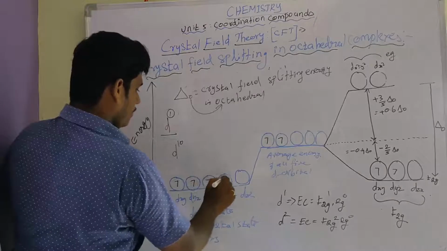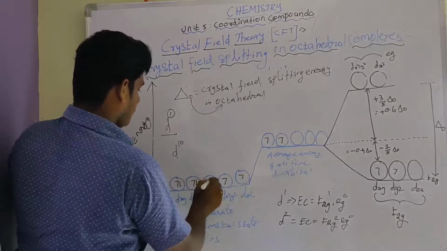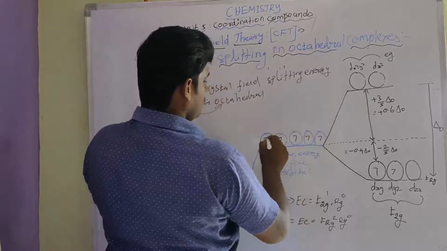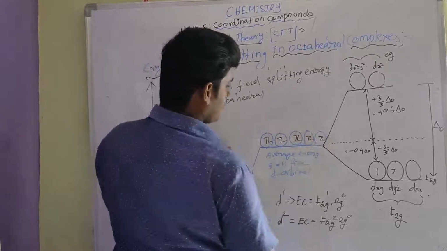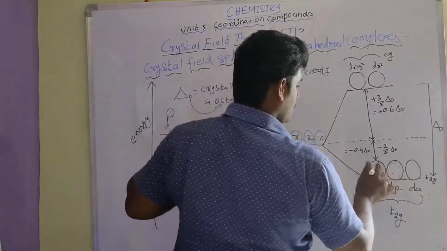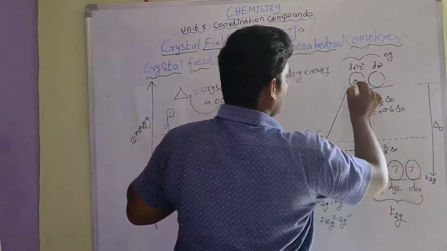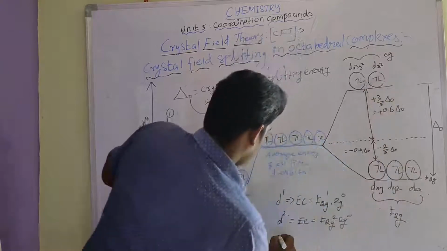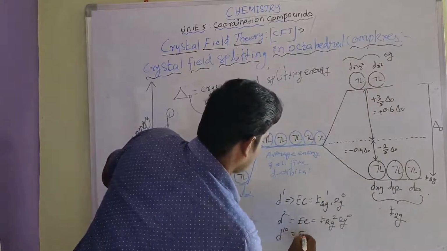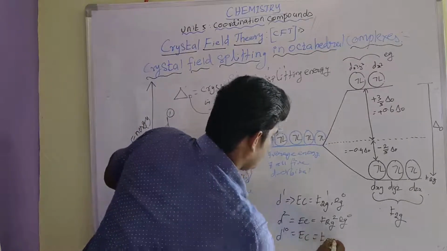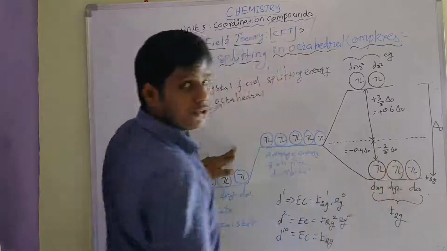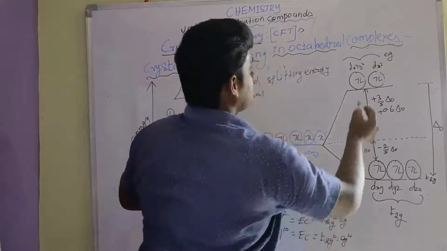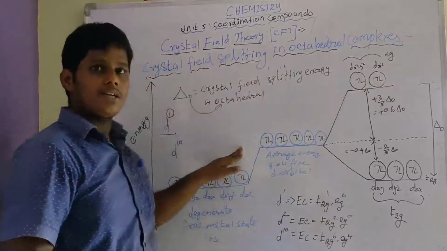In the d10 configuration, the electronic configuration is T2g6 Eg4, because T2g holds 6 electrons, and the 4 in Eg means 2 and 2, so four electrons are present in the Eg orbitals.